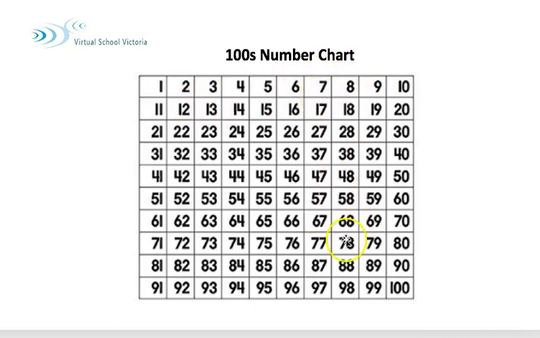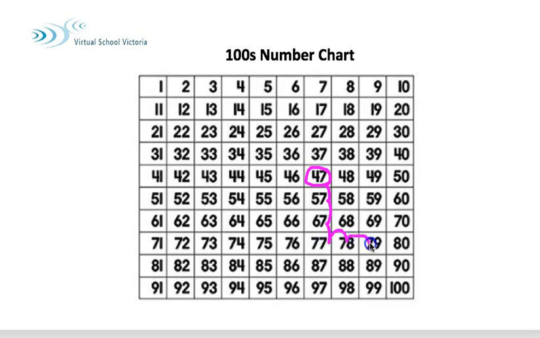The hundreds number charts are usually organised in tens, because that is the basis of our counting system. Now, you can do quite big numbers with that. So let's make 47 plus 33. Let's find 47 plus 10 plus 20 plus 30. I've taken a shortcut there. I didn't count by ones, I counted by tens.